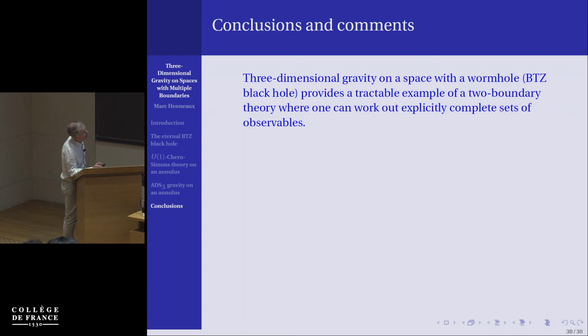So, to conclude, since I am reaching the time, I wanted to show you a very explicit and tractable example of a case where you have, in the bulk, a gravity theory, in this case three-dimensional gravity, on a space which has two boundaries. And I have shown that we can work out completely a complete set of observables.